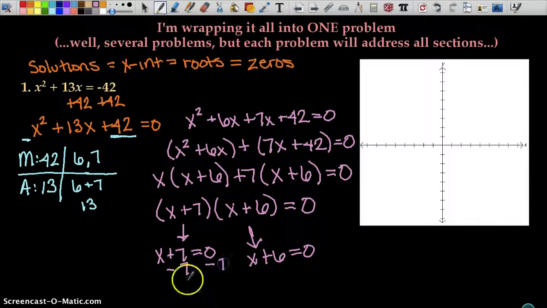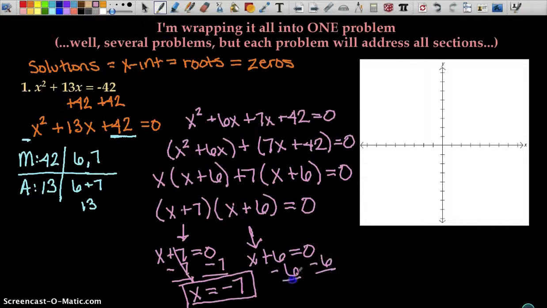Subtract 7 from both sides. So we end up with x equals negative 7. That is one of our solutions. Subtract 6 from both sides, and we end up with x equals negative 6. That is a second solution. So that means if we look over here at our graph, negative 6 and negative 7 is where it's going to go through the x-axis.